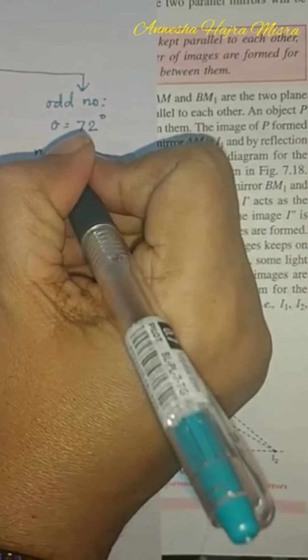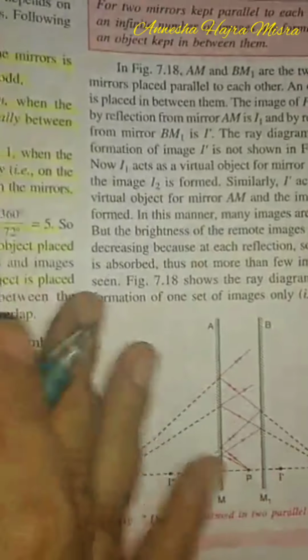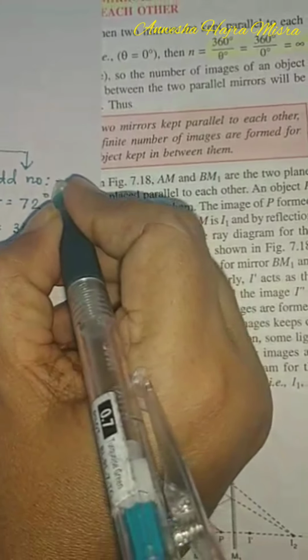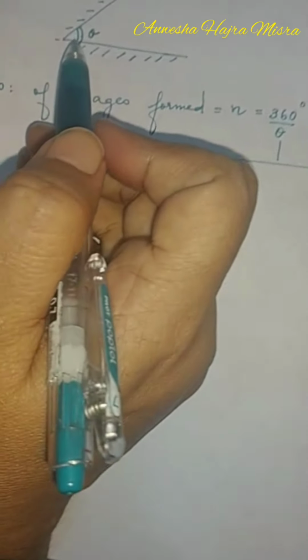Now if theta equal to 72 degree, number of images formed will be 360 by 72. Now what is 360 by 72, children? 360 by 72 is 5. So here the number of images will be an odd number. Theta is the angle between the two mirrors.